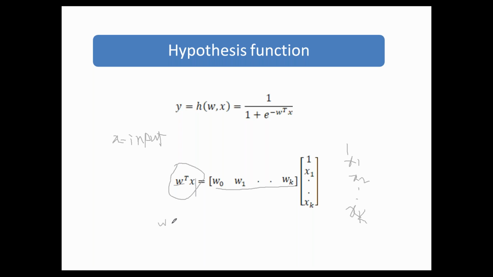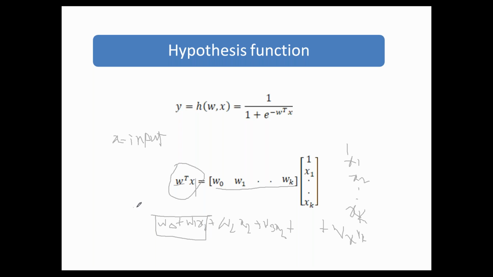So W transpose X means W naught into 1 plus W1 into X1 plus W2 into X2 plus W3 into X3, like that, up to Wk into Xk. If it is a single variable, you will have only this portion, W naught plus W1 into X1.